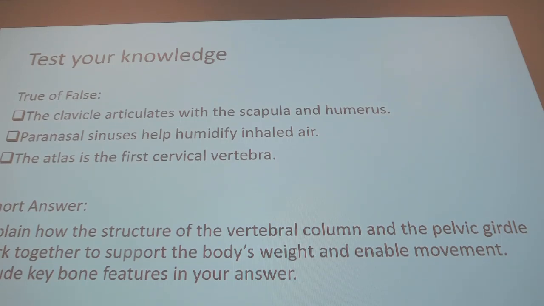So the head of the femur, right? The head of the femur and the, with a little space between them, the acetabulum. Acetabulum means cup.